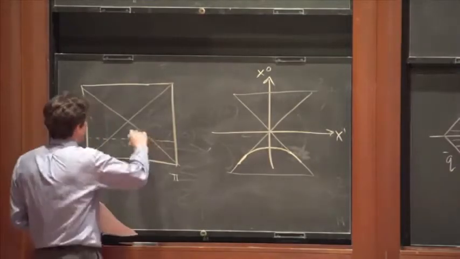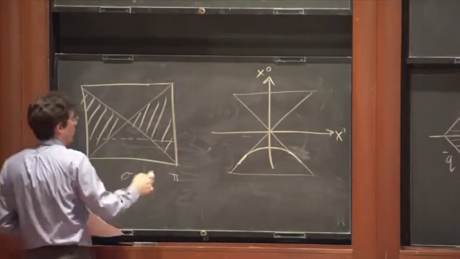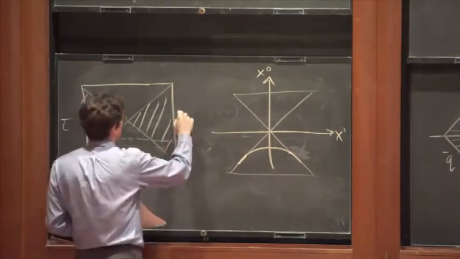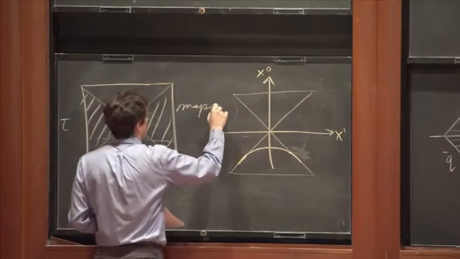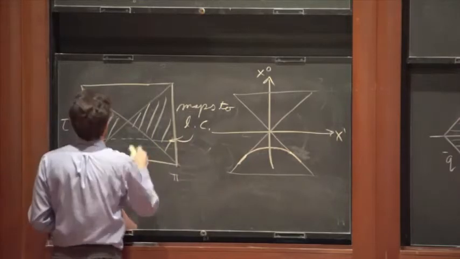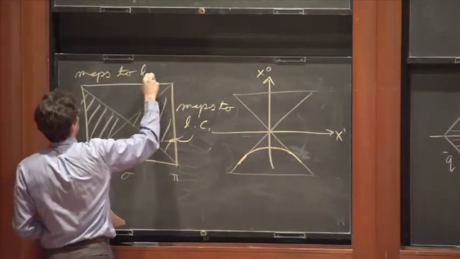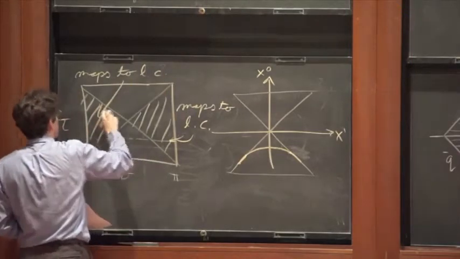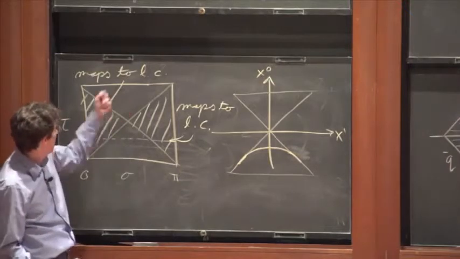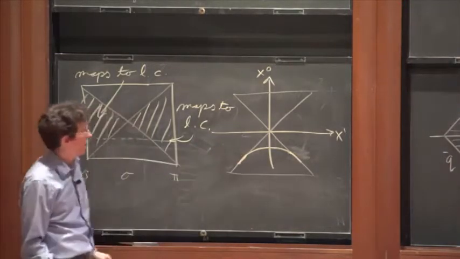So in other words, this whole wedge and this whole wedge map directly to the light cone. You might say that the string is rolling itself up and putting a finite amount of itself right on the light cone.